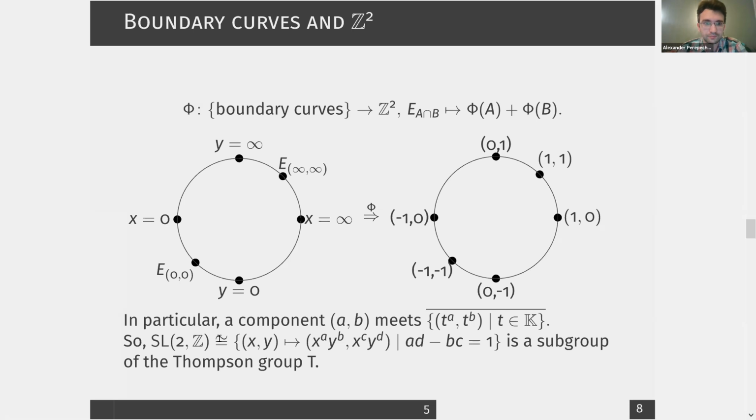And that's why if you take not GL(2,Z) but SL(2,Z), the subgroup that preserves orientation of the circle, then you obtain a subgroup of the Thompson group T. Here I said absolutely nothing new, just some geometric picture, which seemed nice to me. So let's look at Markov numbers now.